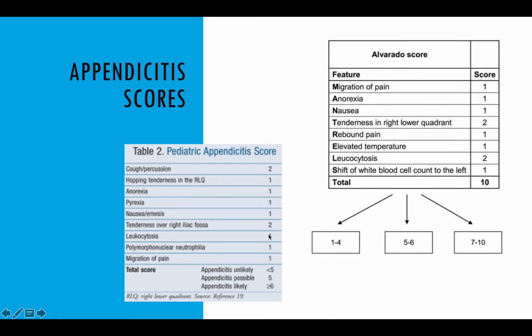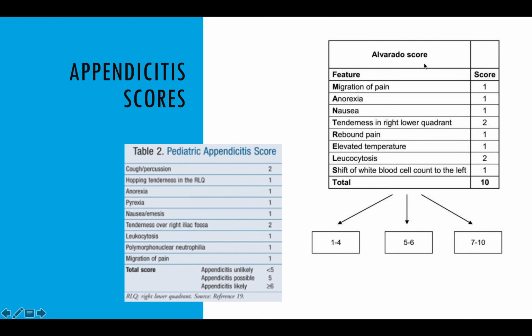And then these two, obviously, you guys can't do: your white cell count and your neutrophil count give you points. And then the migration of pain. So add up all those points that they scored. Appendicitis is unlikely in less than 5, possible in 5, and likely in greater than 6.